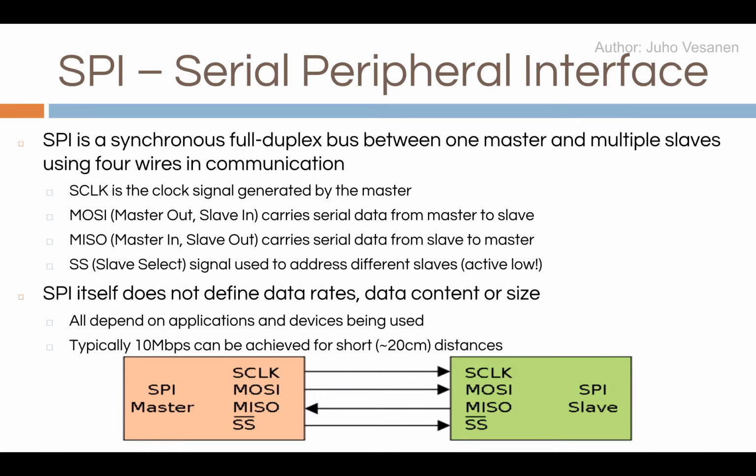Especially in our exercise, this SPI device is actually an A to D converter, an external A to D converter. First of all, you need to have fast enough clock speed for that A to D converter that you get good results.